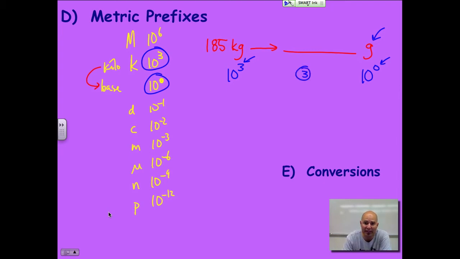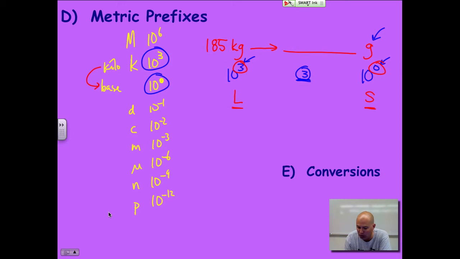If it's a 3-place difference, then we're going to be moving our decimal point 3 places. When you're converting metrics, you're really just moving the decimal point. Now, you need to know: do you move it to the left, or to the right? I like to think of it this way: 10 to the third is larger than 10 to the 0. 3 is larger than 0.